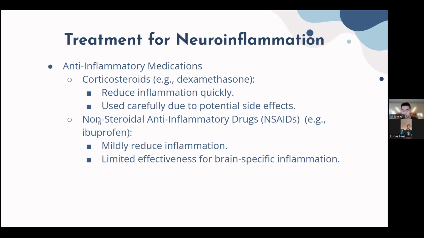Which is why people came up with non-steroidal anti-inflammatory drugs, the NSAIDs, an example of which is ibuprofen. The advantage is that they still reduce inflammation without all of those potential side effects from corticosteroids, but they have limited effectiveness, especially for brain-specific inflammation, because the brain is very special in terms of the blood-brain barrier.